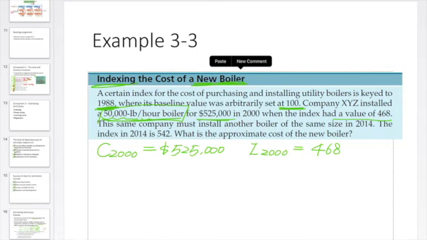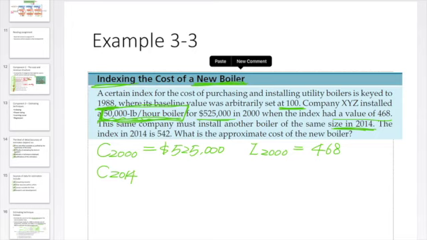And the same company must install another boiler of the same size, which means the model is still this model, right? The 50,000 pound per hour boiler. So same boiler, same model, but the cost in 2014 is unknown. That's the cost you want to estimate.